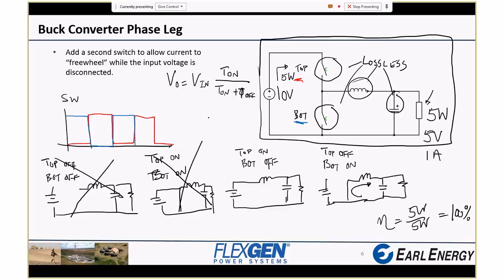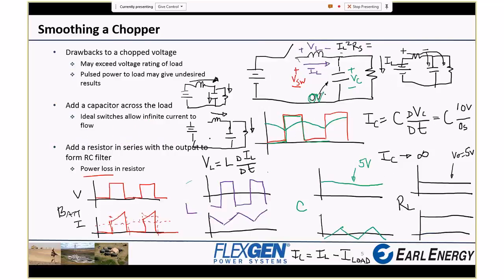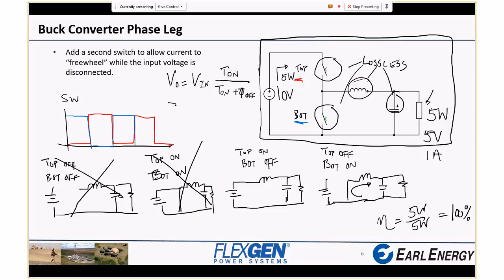What we can say from this plot is that the input current is equal to the output current times this same factor, T on over T on plus T off. So with this circuit, the output voltage is lower than the input voltage, and the input current is lower than the output current.